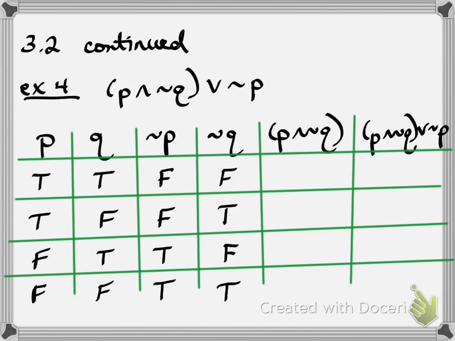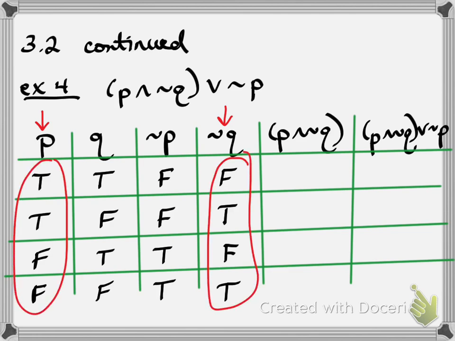And then we have our first compound statement. So this is a conjunction with P and with not Q. So these are the only columns that we're going to try to look at. And we have to remember how conjunctions work. It's an and. The only time an and is true is when they're both true.